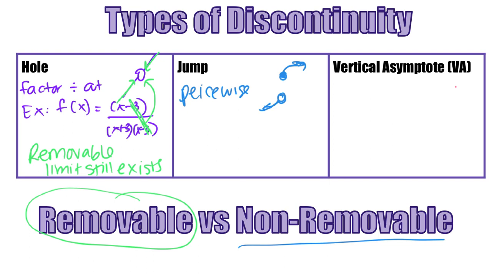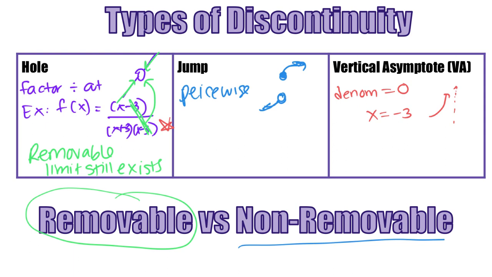Similarly, a vertical asymptote, which we know is a dotted line that our function approaches but never crosses, is also a discontinuity. Typically we see that at a value that makes the denominator equal 0. So in this example over here, x equals negative 3 would be a vertical asymptote because the denominator would be 0, as opposed to x equals 3, which would be a hole in the graph.